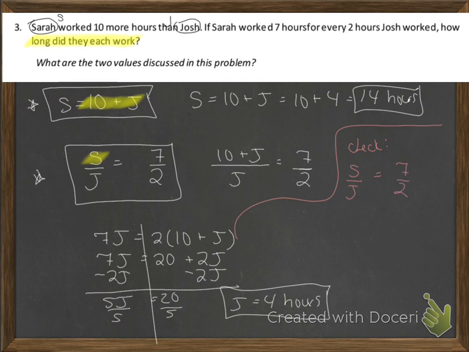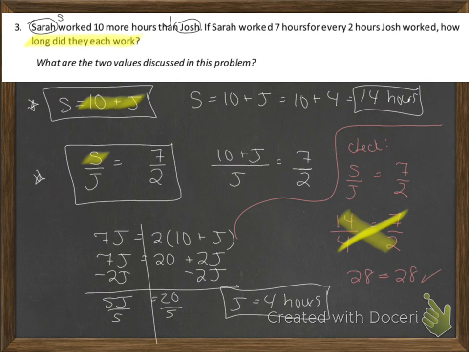So if I'm right, if Sarah really worked 14 hours and Josh really worked 4 hours, then when I cross multiply, I should get the same number on both sides. So let's see if that works. Well, 14 times 2 is 28, and 7 times 4 is 28. So this is correct. Okay, so I checked my work with the other equation, and I proved to myself that the values that I found are correct.